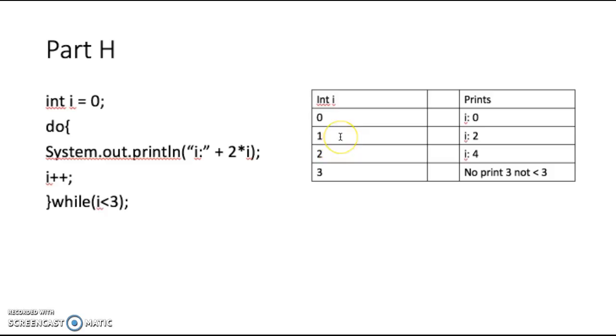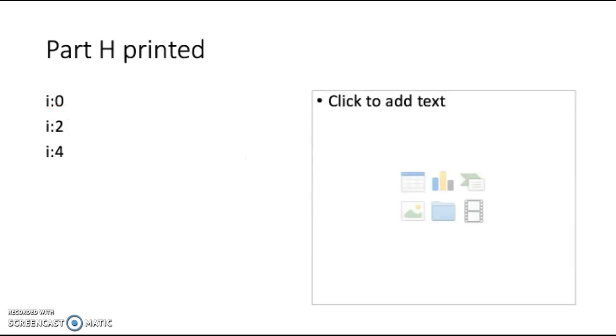And then if we do int I is equal to 1, we print out I colon 2 times 1, and that's going to be I colon 2, and we can keep incrementing by 1 until we get to the bottom, where we have integer I is equal to 3, and because 3 is not less than 3, the loop is over. And these are our print values.